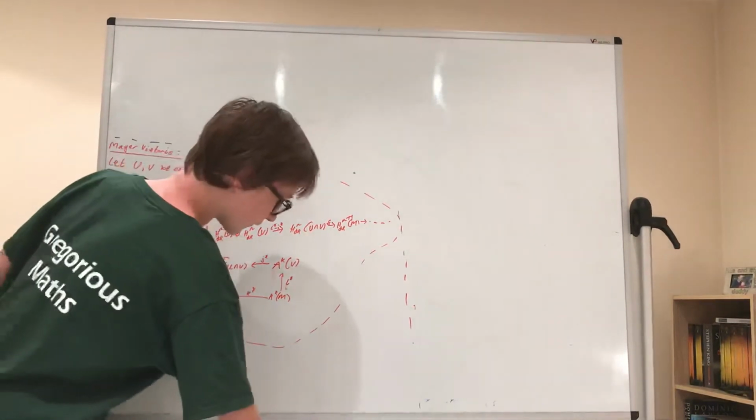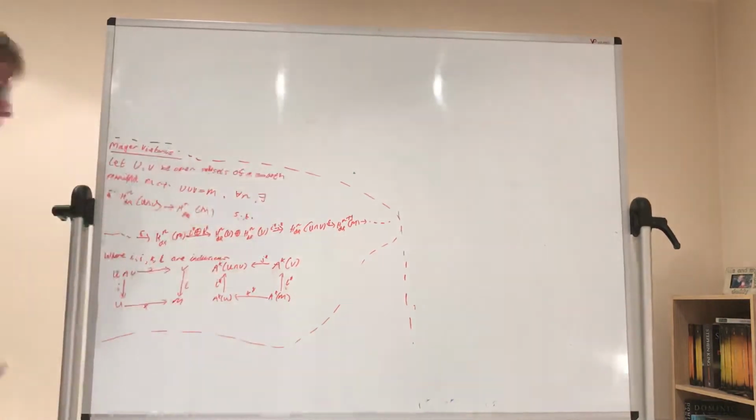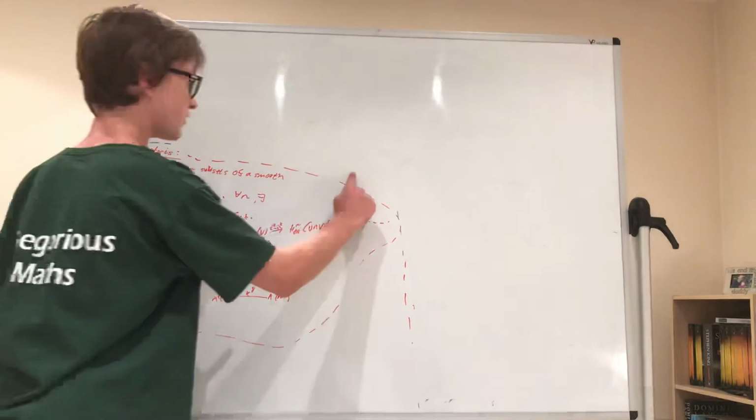Now, our final goal here is to compute the de Rham cohomology of the circle. But first, we'll need some theorems.